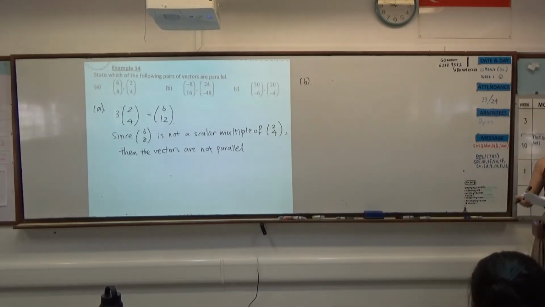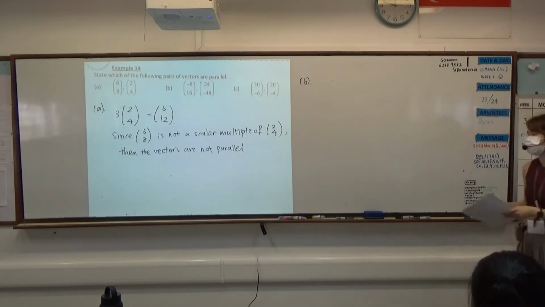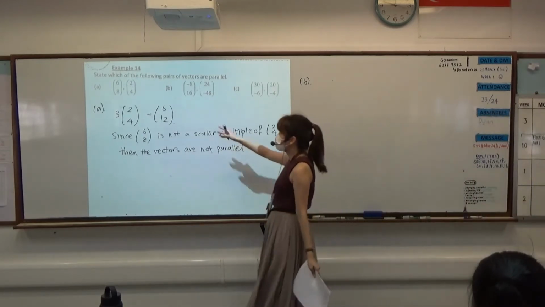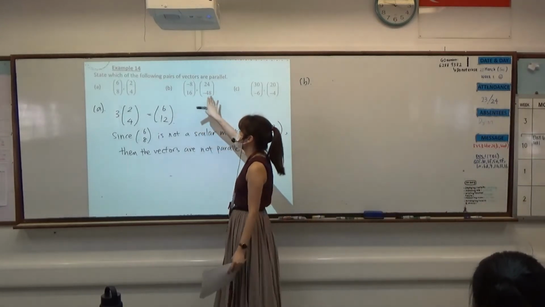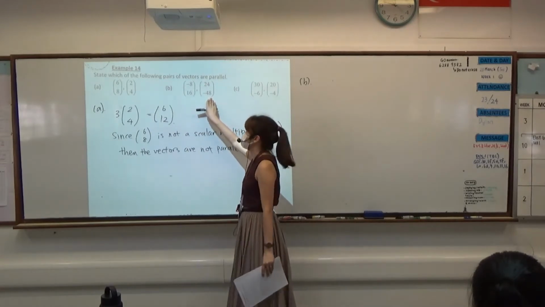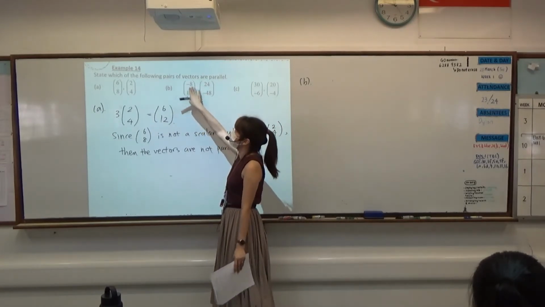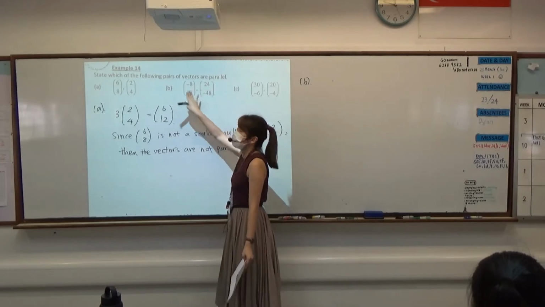Next, for part B, I am comparing the vectors (-8, 16) and (24, -48). I typically always look at the x component.